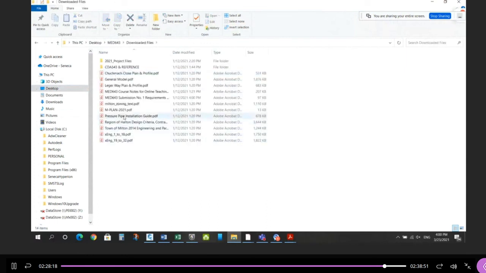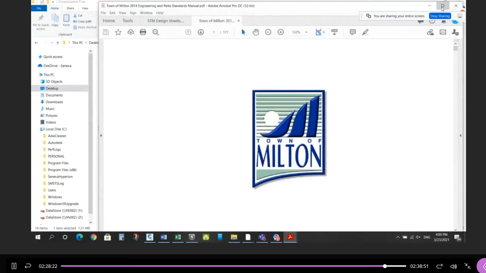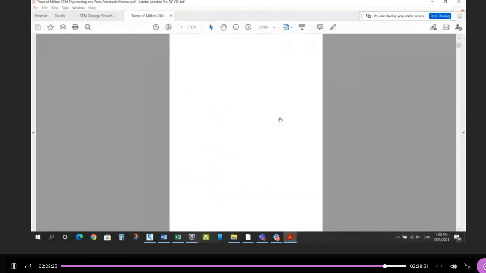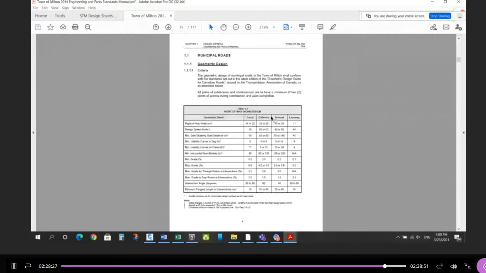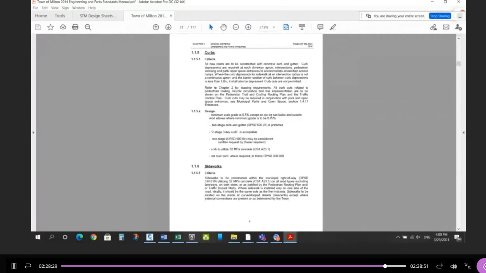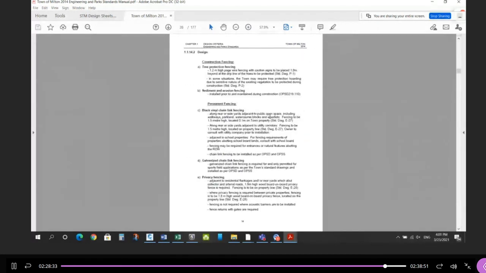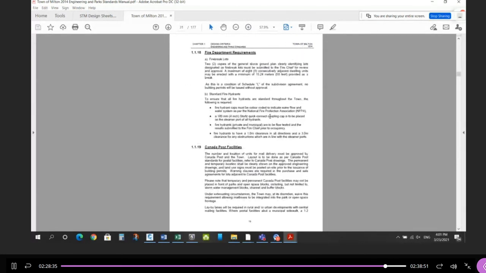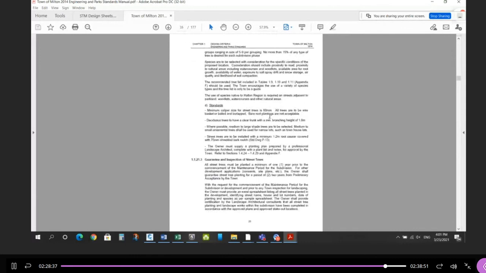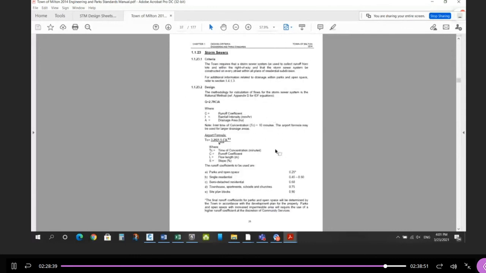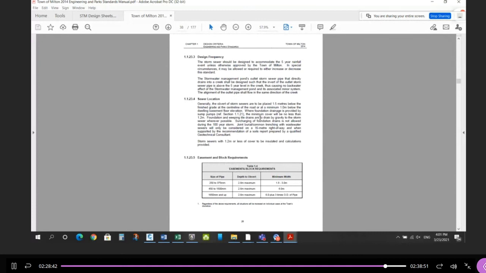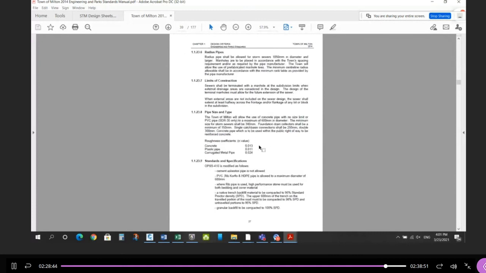If you go to the standard, you'll see the minimum pipe size to begin with is right here.